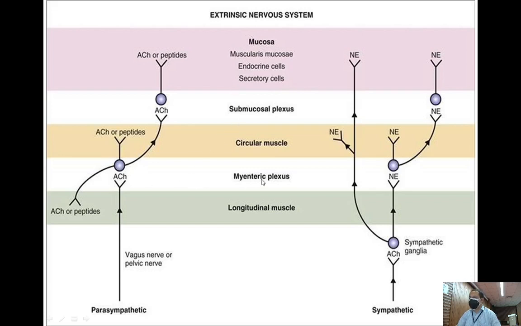The myenteric plexus is important in controlling circular and longitudinal muscle, and these are helpful in producing muscle contraction that helps in propulsion, in segmentation, in digestion. Clear?